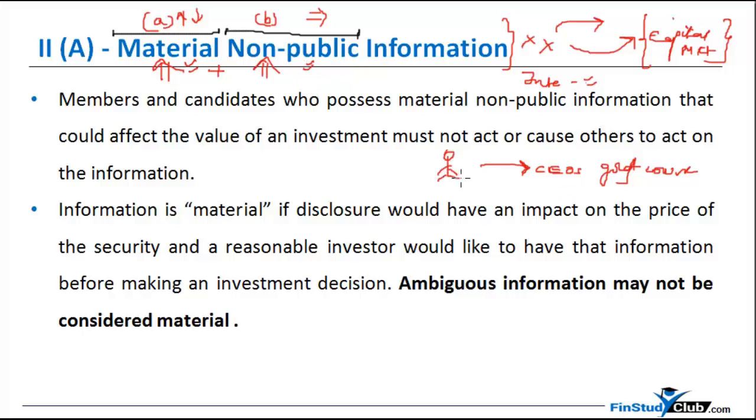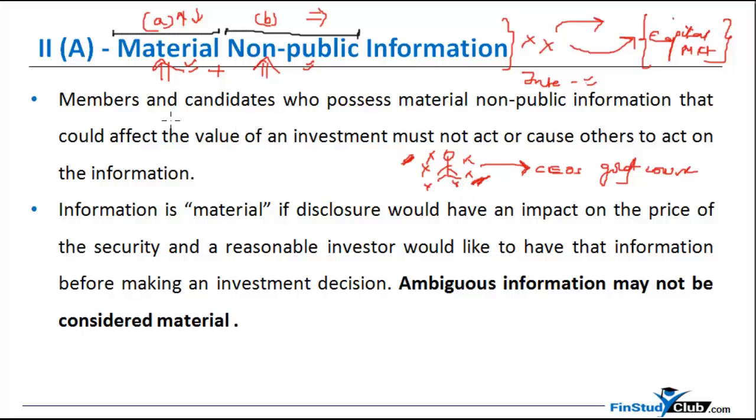So that analyst should not use this information until the information is disseminated to everyone at large. So what is this person supposed to do? He is supposed to request the CEOs, or rather ensure, that the information is made public as soon as possible so that he can make use of it.